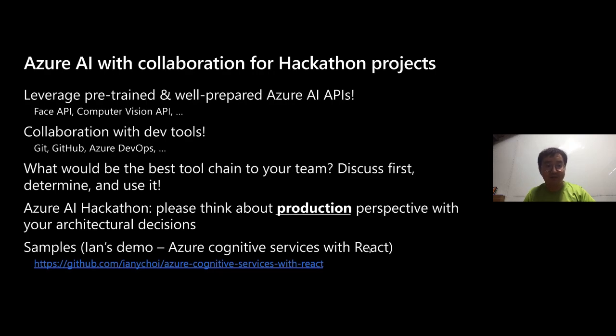Please do some research, and you can think about lots of existing AI APIs, or you can use machine learning to solve some problems, and then you can build your own architecture. It is targeting phase 2, but it is still a good idea to think about how to collaborate with your team members with Git, GitHub, or Azure DevOps, and so on.